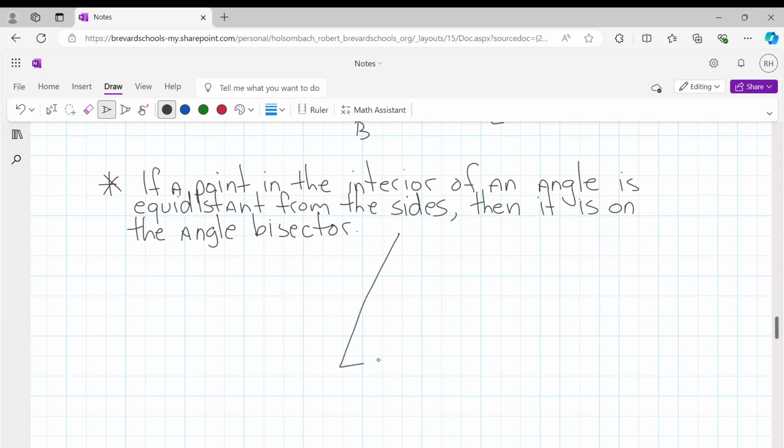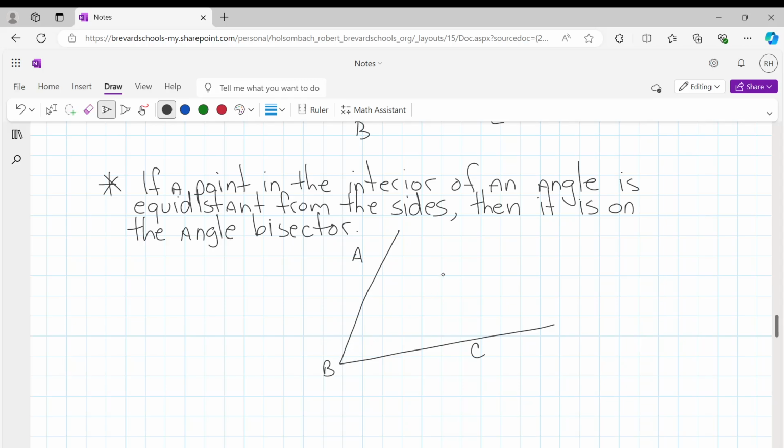So if we have this angle, again, I'm going to call this one ABC. The theorem says if a point in the interior of an angle is equidistant from the sides.